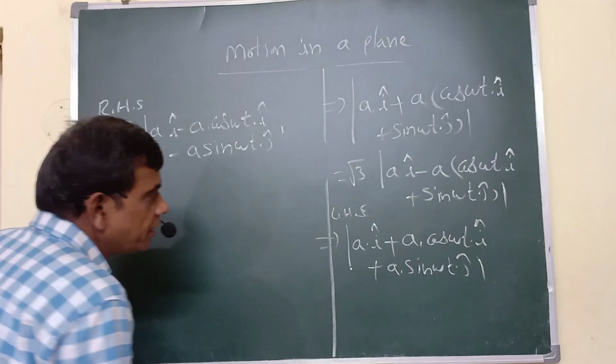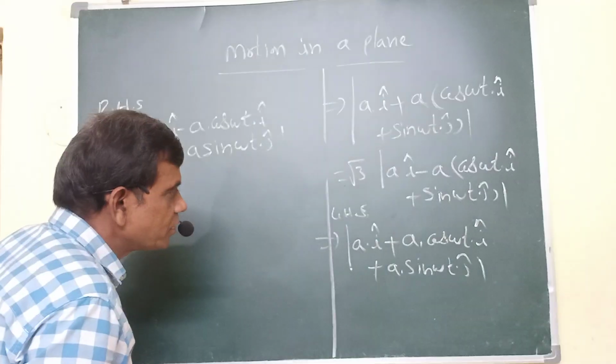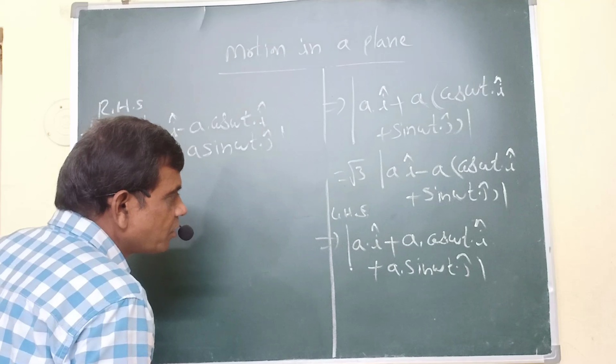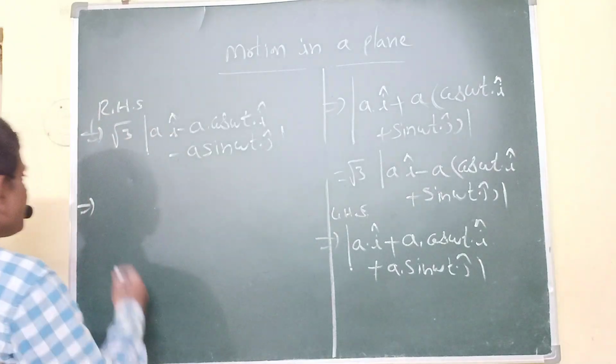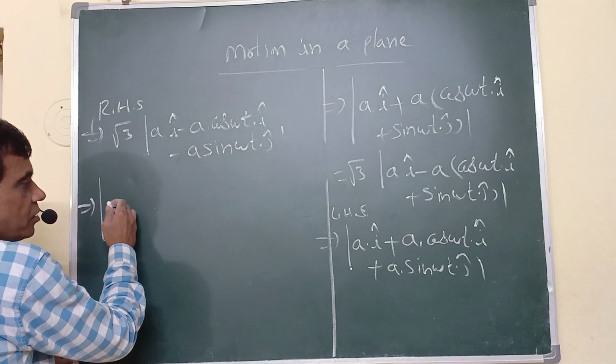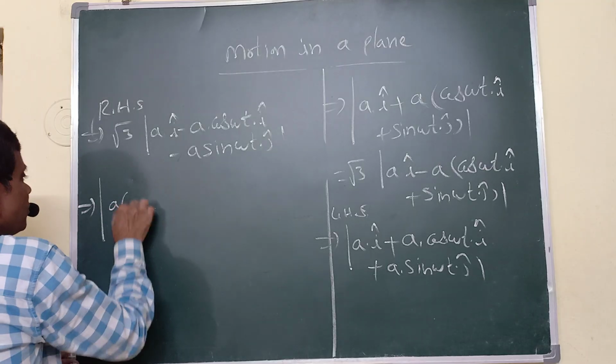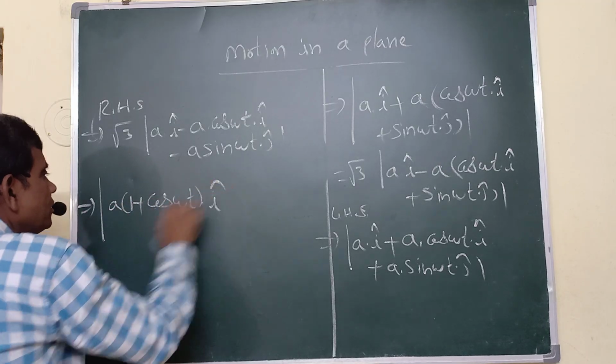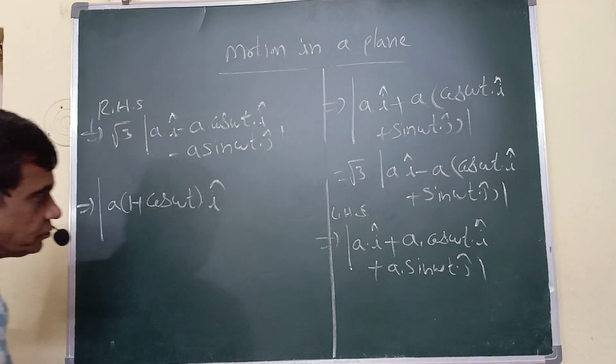Now here I am taking i common. Taking A i, what do I get? 1 plus cos omega t. So you take A common: A into 1 plus cos omega t into i, totally the x component.